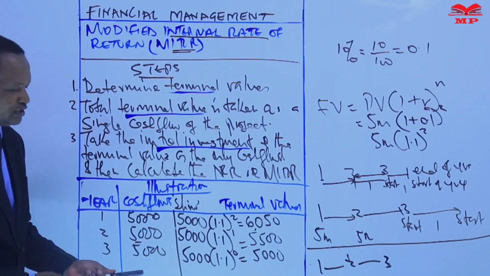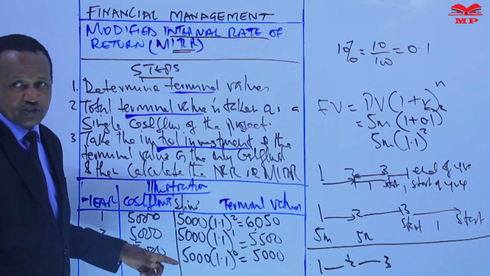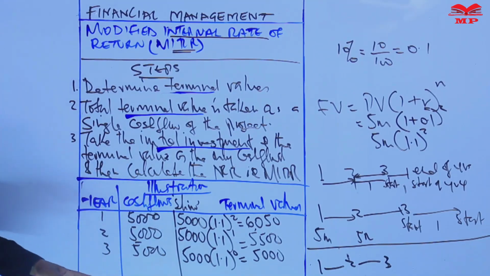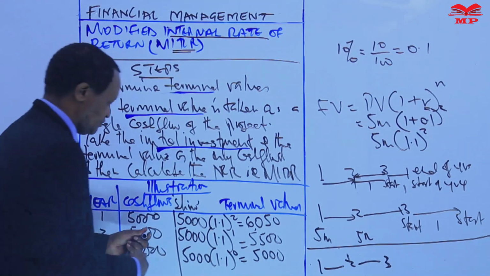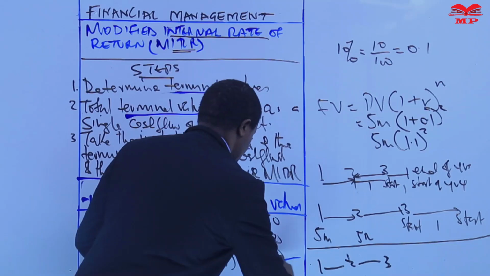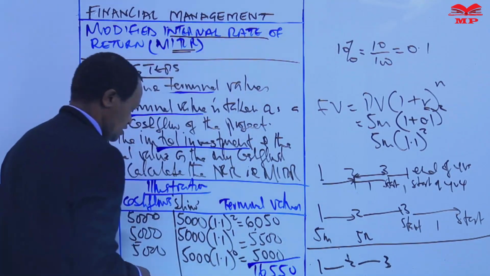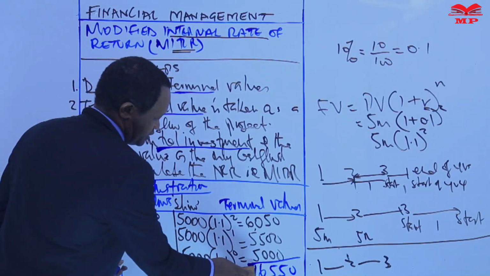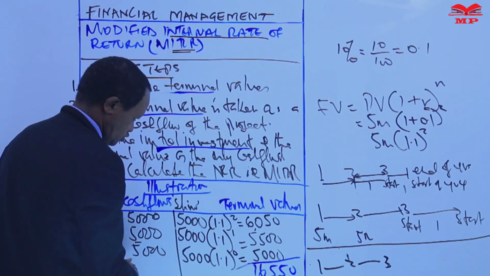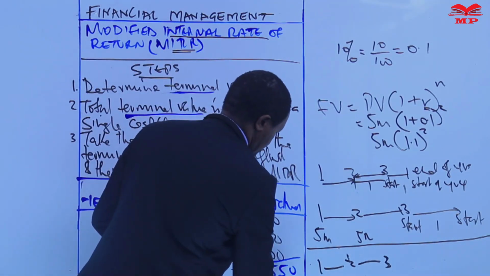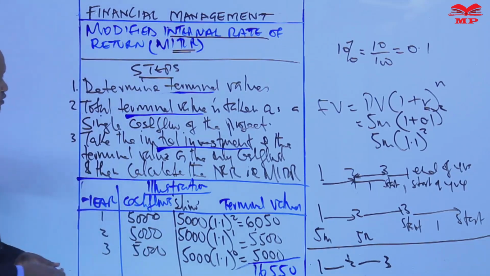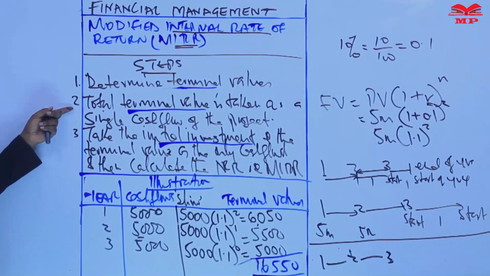And this here, this is the one where there is a trick candidate. As long as you get, how much is it? 16,550. So this is 16,550. That is the total. Total what? Terminal value. You see here?